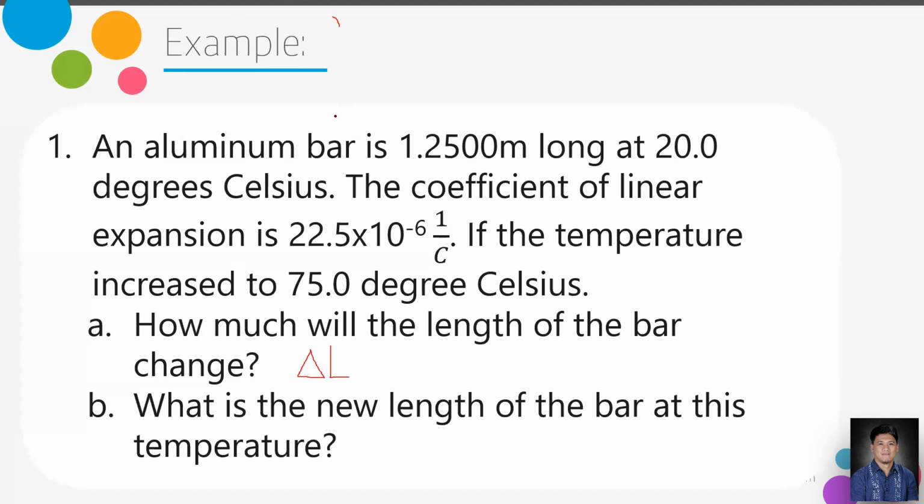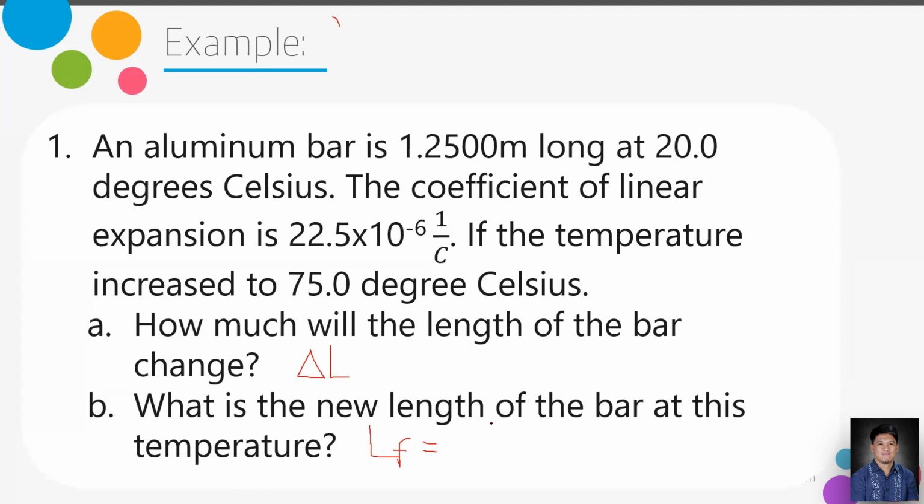When we say new length of the bar, this is the length of the object as it was being heated, as it is being expanded. So when the object expanded, it has a new length. Since it increased, it expanded, it now has a new length. So for the new length we use L sub F for linear, A sub F for area, and V sub F for volume.